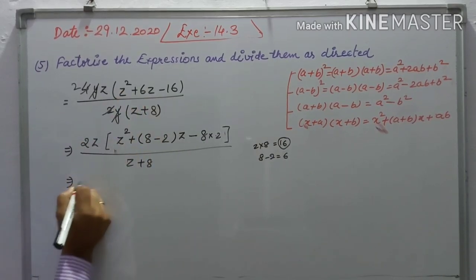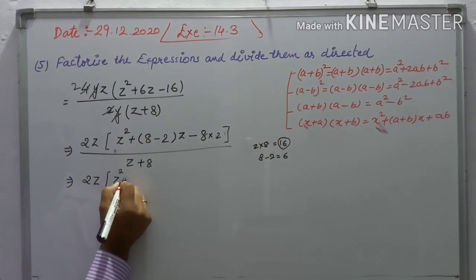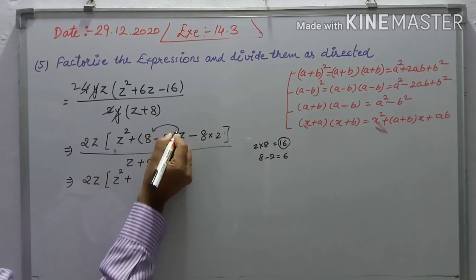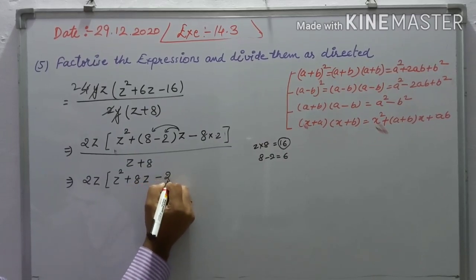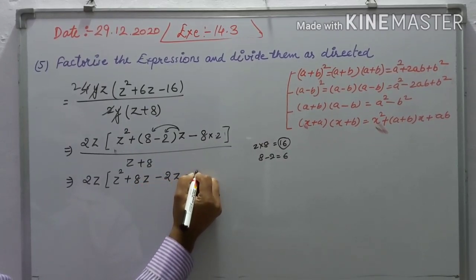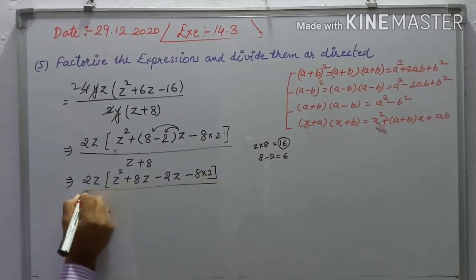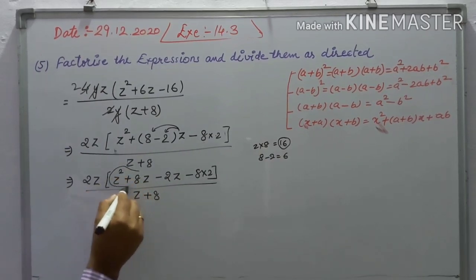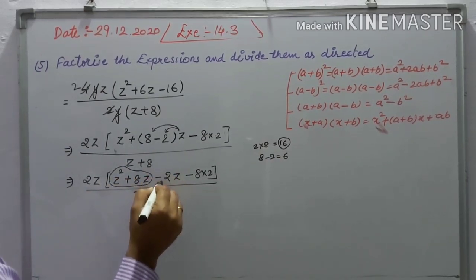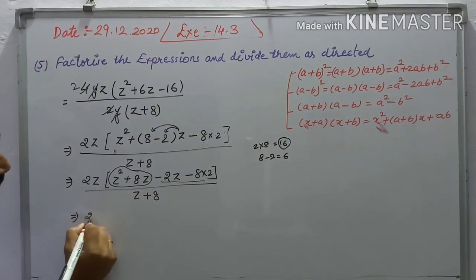Now we solve with the same method: 2z(z² + 8z − 2z − 8 × 2) upon z + 8. Again the first two terms and second two terms. In the first two terms z is common, so 2z·z(z + 8).